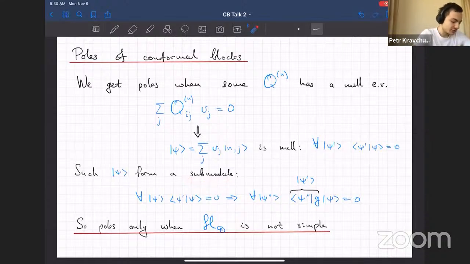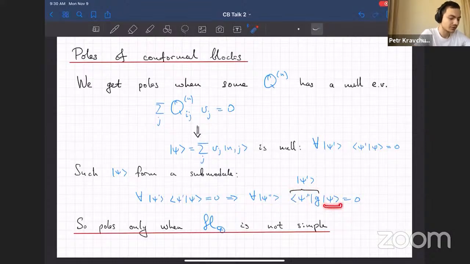The way to see this is that if we know that for any psi prime, psi is orthogonal to it, then if you take some conformal generator G and act on psi and take the inner product with some psi 2 prime, we can interpret G as acting on psi 2 prime, and this is just some psi prime.